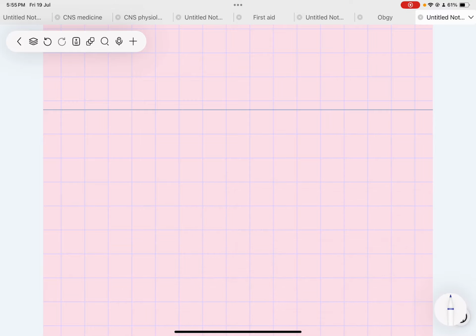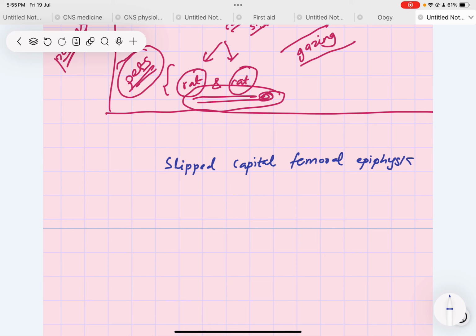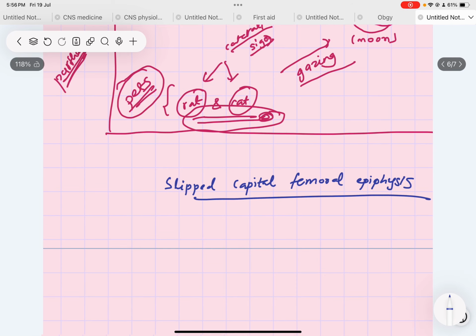Now, what we are going to discuss is slipped capital femoral epiphysis. So, it is actually a misnomer. Capital femoral epiphysis remains well seated in acetabulum, thereby maintaining an intact hip joint anatomy.